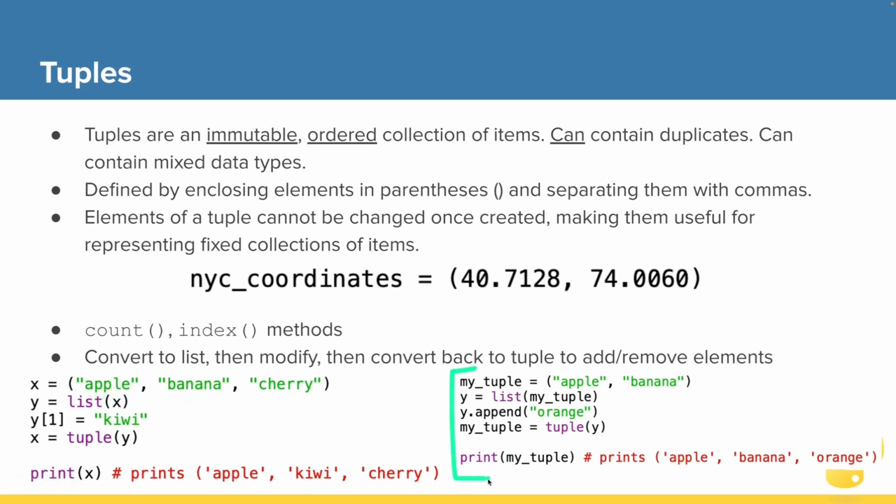Same over here. We could append an item, an orange, at the end of this list after we convert the tuple to a list, and then change it back to a tuple, and it will now be apple, banana, cherry, orange. So something interesting to note.